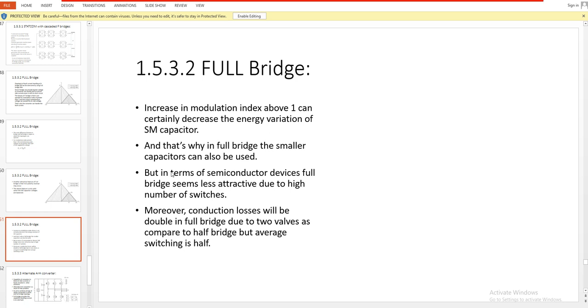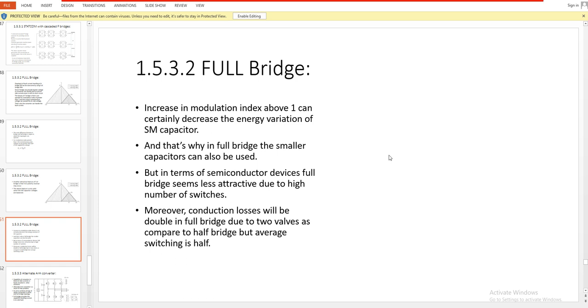And moreover, in the full bridge submodule topology the losses are high, but your switching frequency reduces to half as compared to the half bridge submodule topology, and there is no energy variation in the capacitor voltage because your modulation index is greater than 1. And if this is happening, then you can use a capacitor whose energy is low.